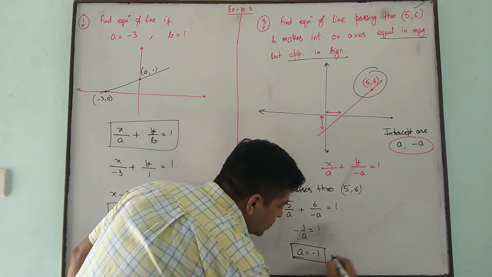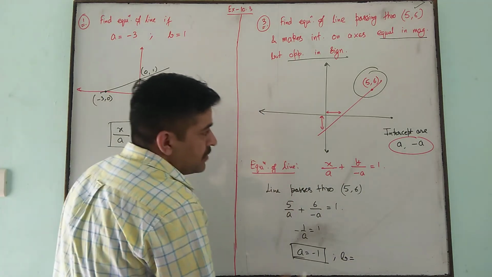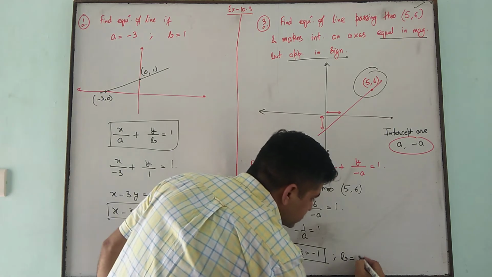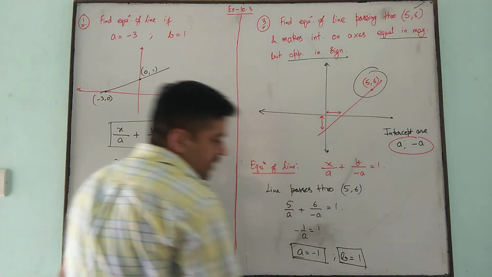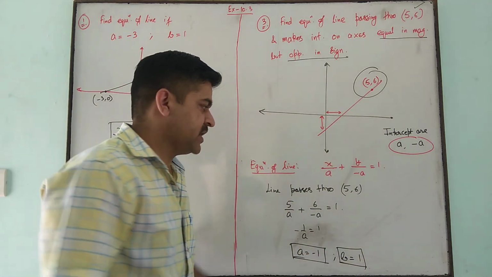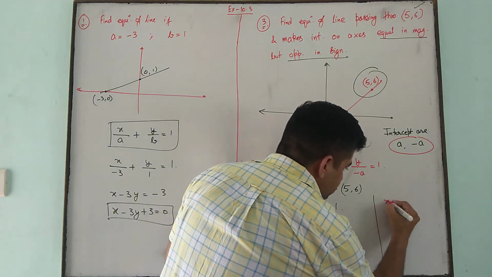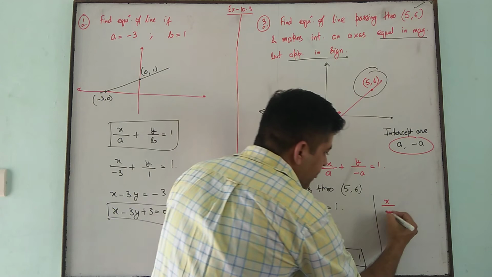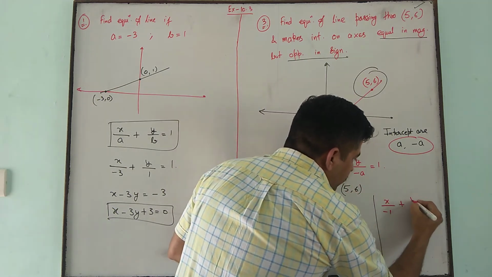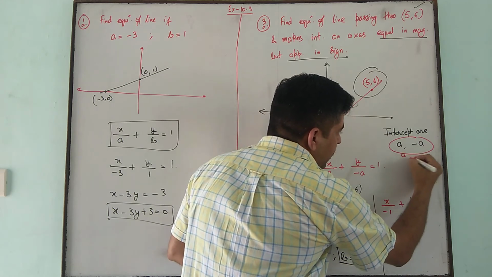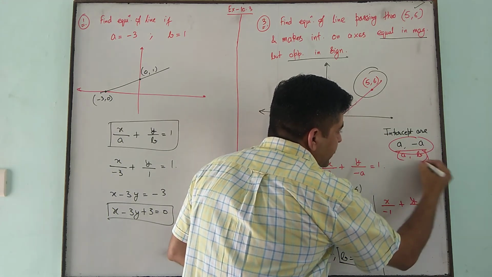And if a is equal to -1, then b will be equal to minus of negative, that is 1. Equal in magnitude but opposite in sign. Then we have our required equation x upon a plus y upon b, where a and b are the actual intercepts.